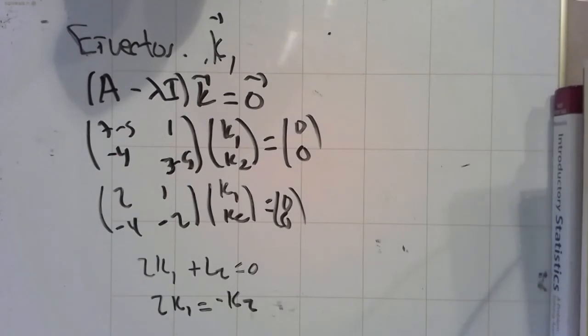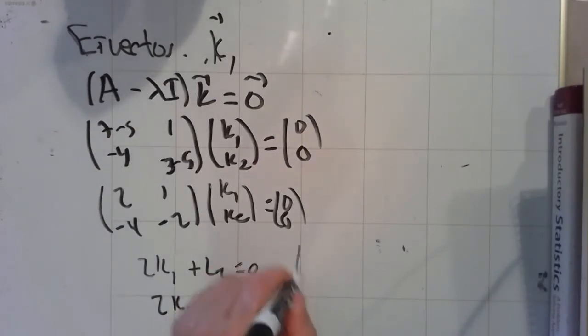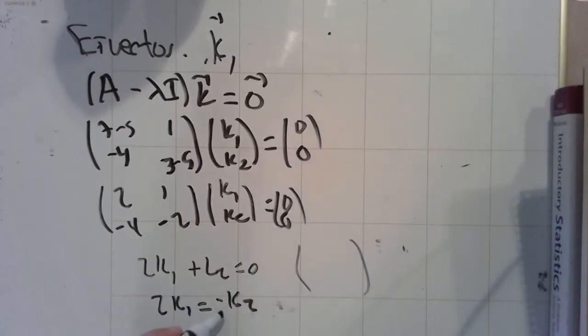Now we can pick anything we want for k1 and then solve for k2, except 0. We can't make either of these 0. When we get to p, we can do that. So I like to just swap the coefficients. I'll make this guy 1 and that guy 2. Or negative 1.